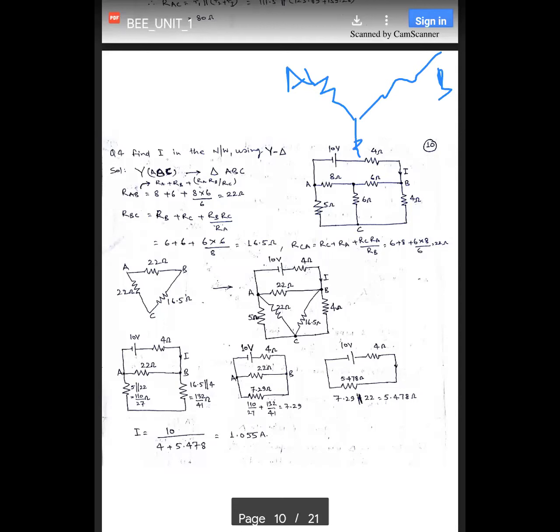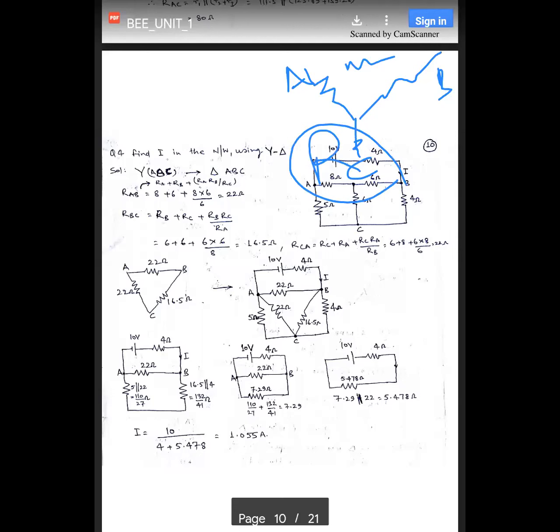Now the resistance after delta conversion, this RAB, is here. When RAB is here, we divide by the resistance which is connected to the opposite node. So this is the C node, so we have to divide the formula by RC.